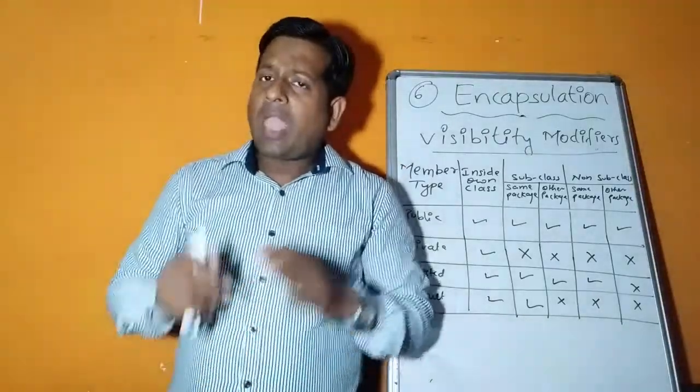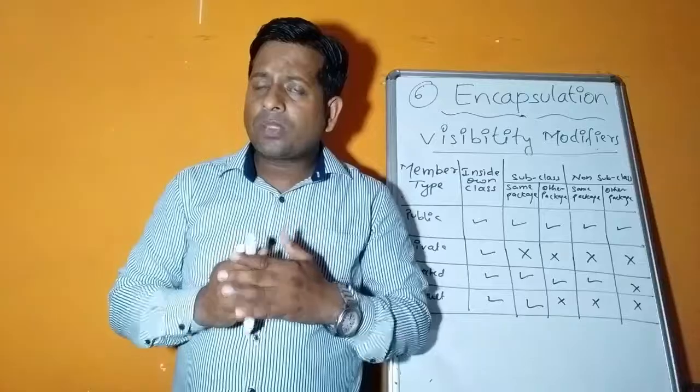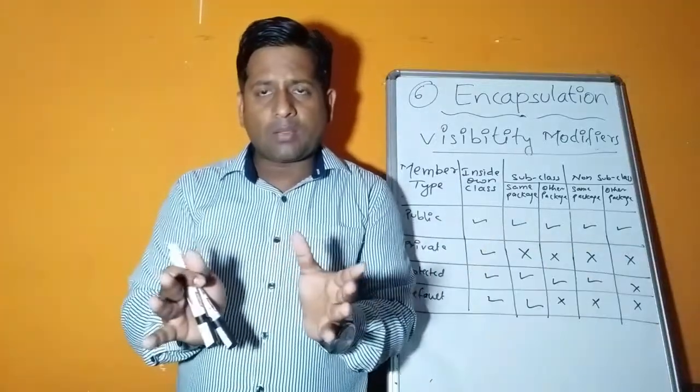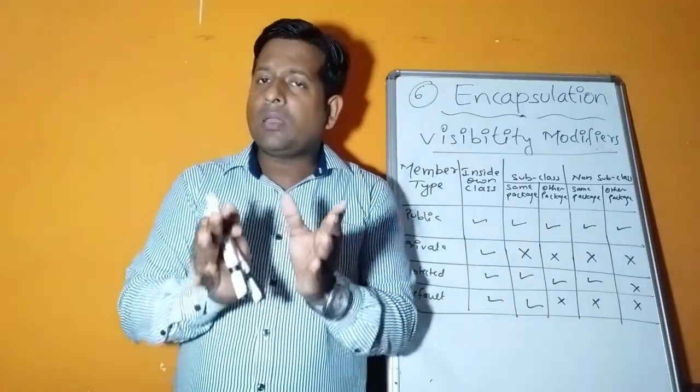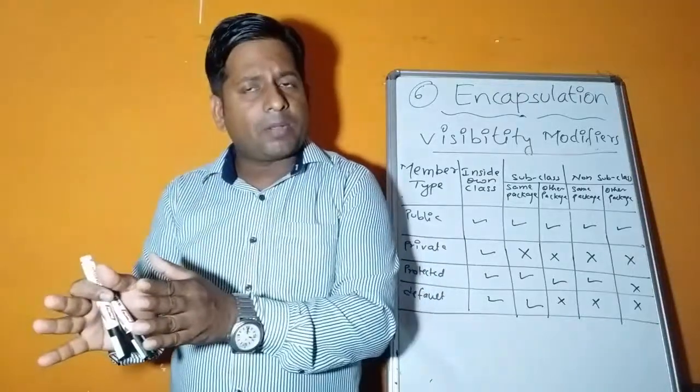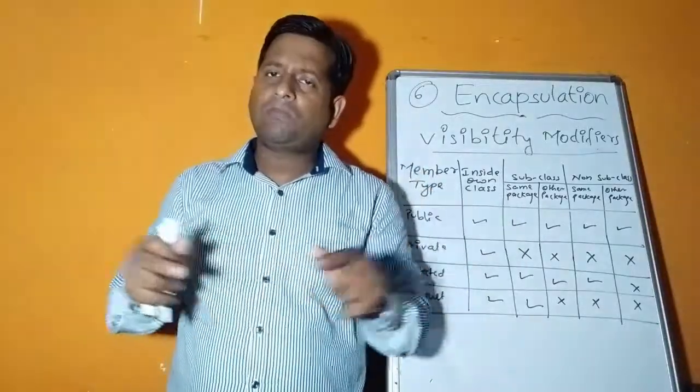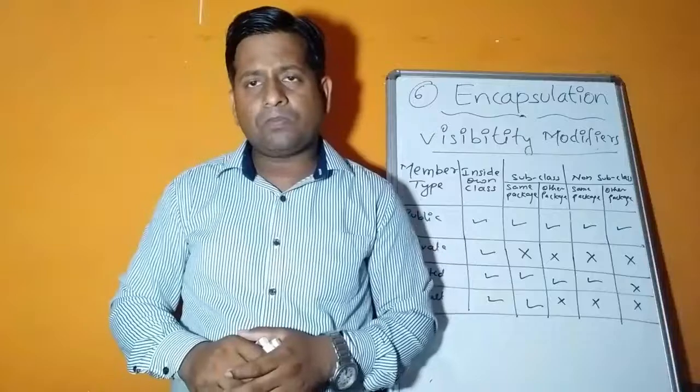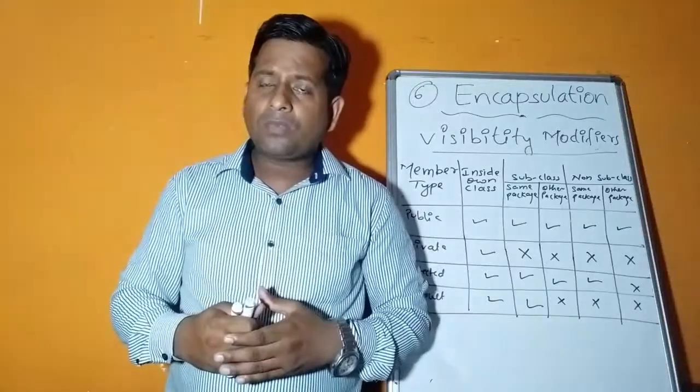So children, encapsulation is what you understood. It is a process of wrapping together data members and member methods into a single unit by providing a single name, that is a class name. Why do we do this?